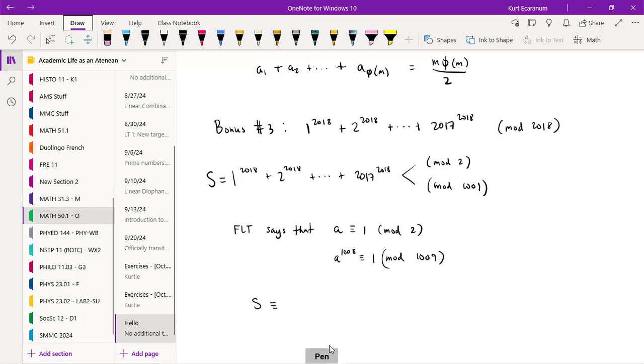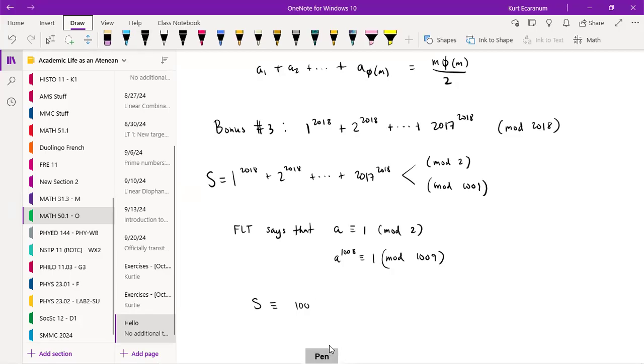So ang highest number natin is 2017, so it's like 1008. Yeah, 1008.